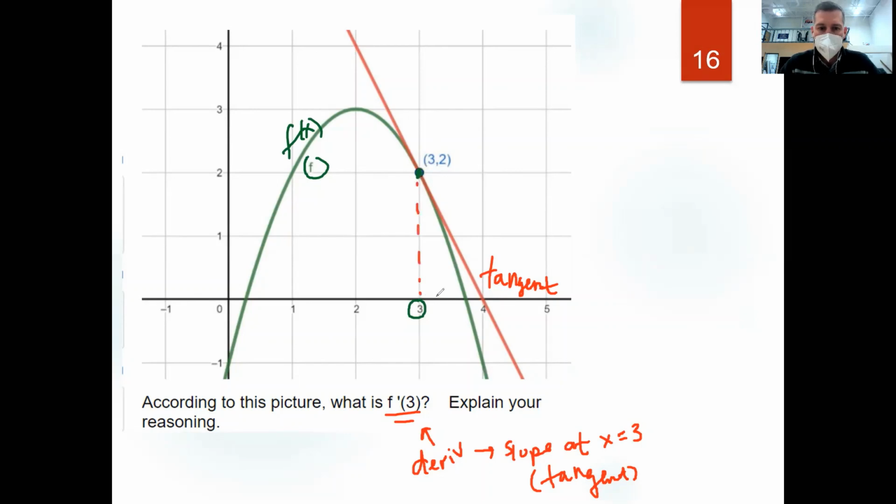The slope of that tangent line is down 2 over 1. So therefore, f prime of 3 is equal to -2. And once again, why? Because that's the slope of the tangent line at that point. So if I have a tangent line, I need the slope, I'm taking the derivative, all of those things being related together.